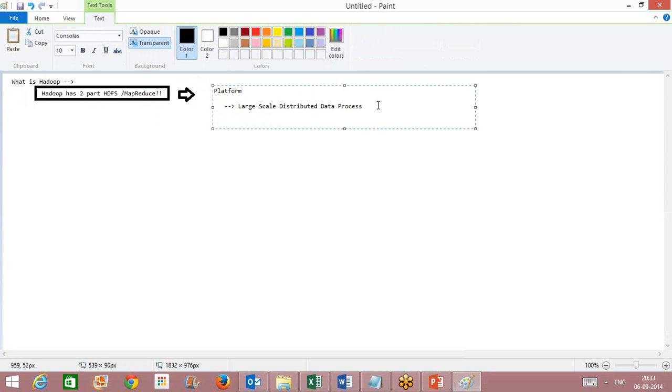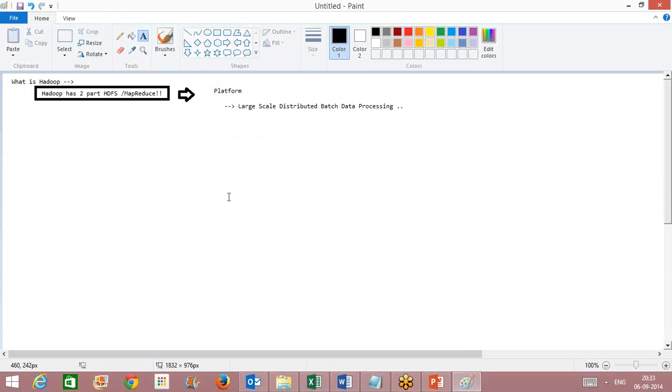And sometimes we add the term large-scale distributed batch data processing. So this is what people call it now. But I still have a different thought on how to look at it. So let's look at it from my eyes, where I see what Hadoop is.